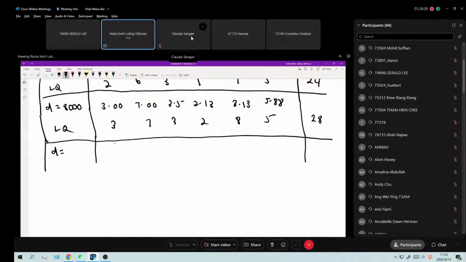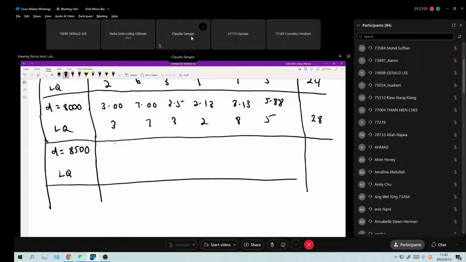So this is the weakness of this method. This one you try with 8,500. And then of course you have the lower quota. So for example here, 2.82, 6.59 and then 3.29, 2.00, 7.65, 5.53.